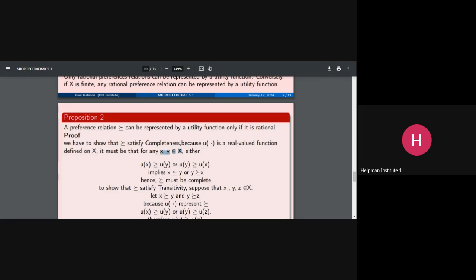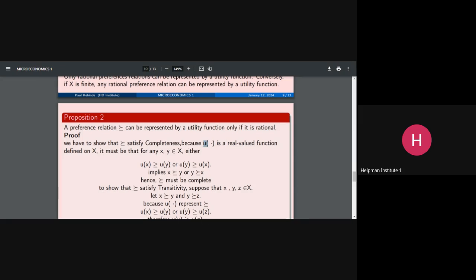Why must it be complete? Because mathematicians have already proved that the real number system is complete. Based on that, I'm free to say that this function is complete. So any preference relation that is defined on this utility is also complete.